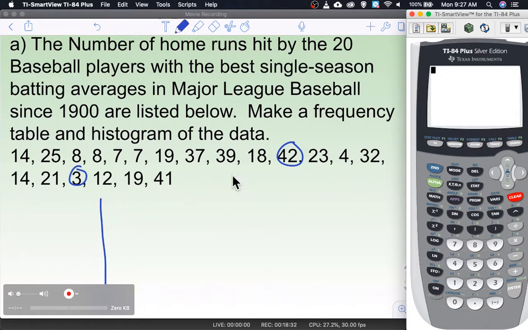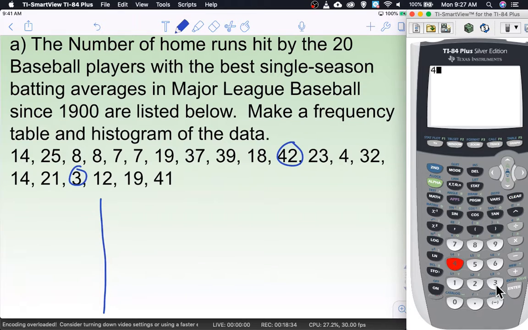So what I like to do is take these guys: 42 minus 3. The range is about 39. Does that divide by 3, 4, or 5 evenly? Or even a number close to that?